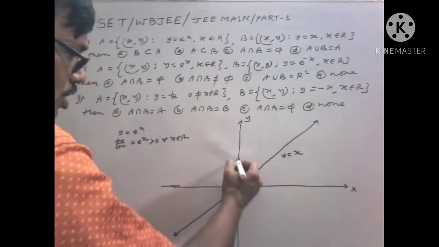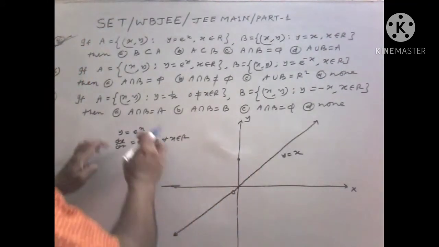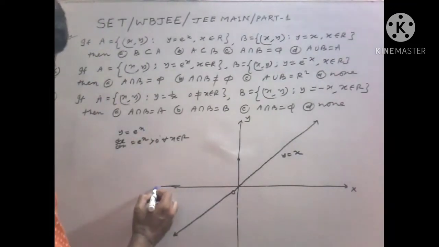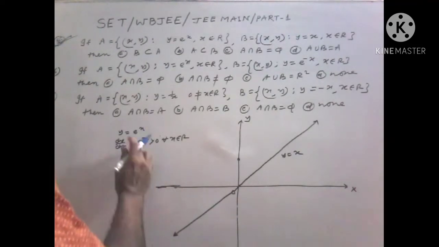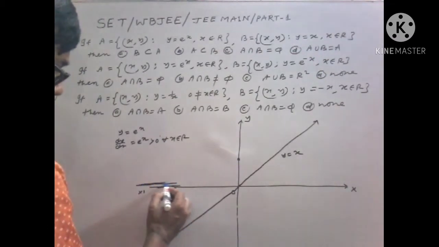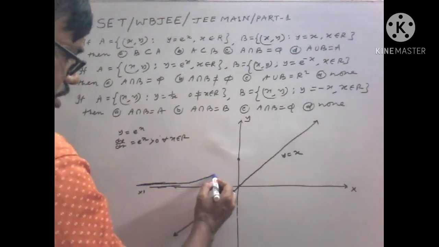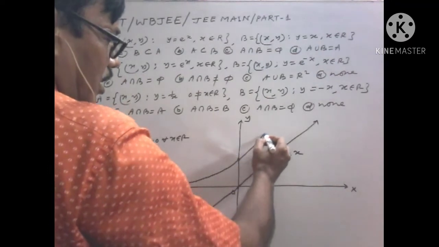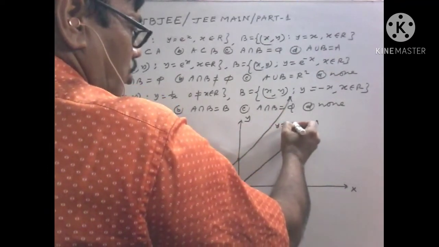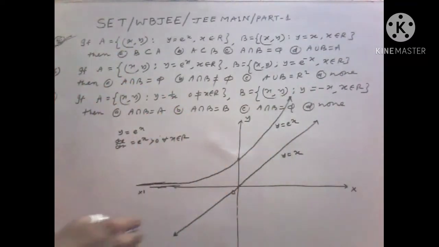At x equals 0, the value is 1, and at x equals minus infinity, it is 0. So at minus infinity, it touches the negative x-axis; it will be asymptotic with the negative x-axis. So we get a figure with increasing nature like this, y equals e to the power x.